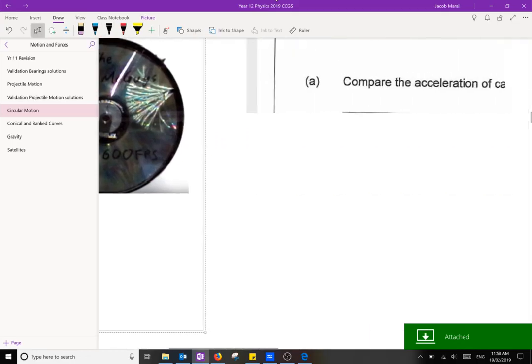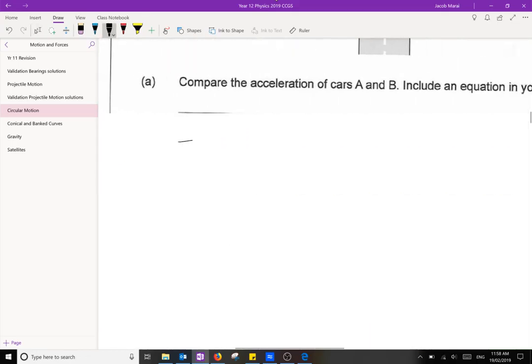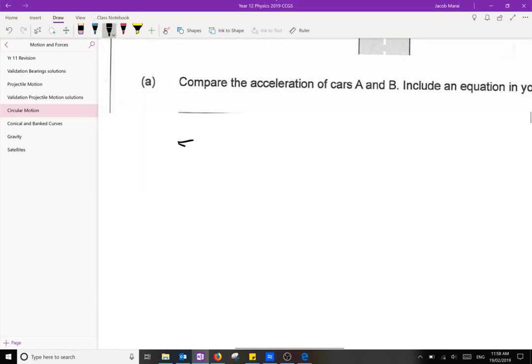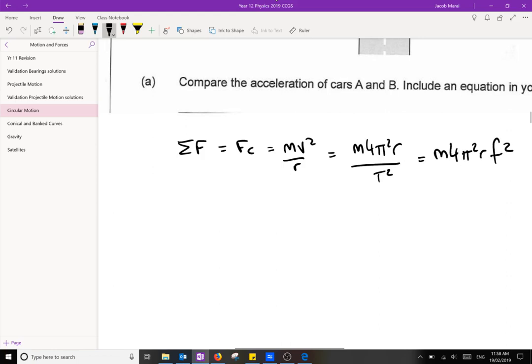We're going to say that the sum of all forces can produce F centripetal, which we know to be mv squared on r, which could also be m 4 pi squared r on t squared, which can also be m 4 pi squared r f squared.